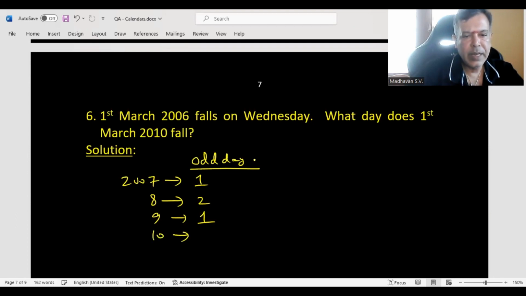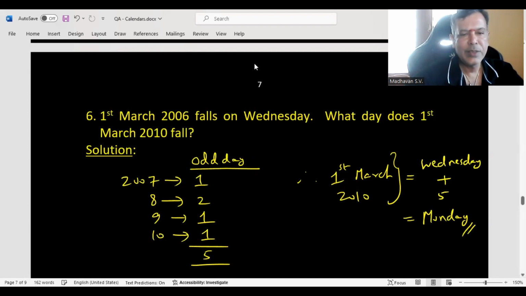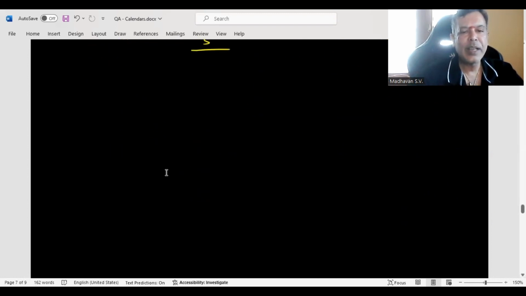So 2010 is again a non-leap year, 1 odd day. Total is 5. So therefore, 1st March 2010 will fall on Wednesday plus 5, which we will get Thursday, Friday, Saturday, Sunday, Monday. That is the solution. Let us move on to the next.